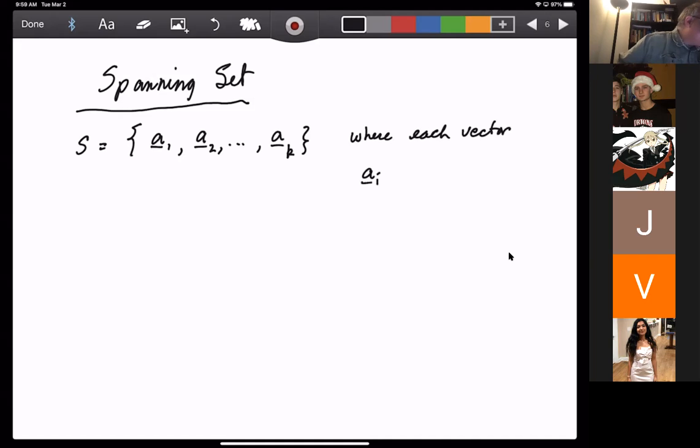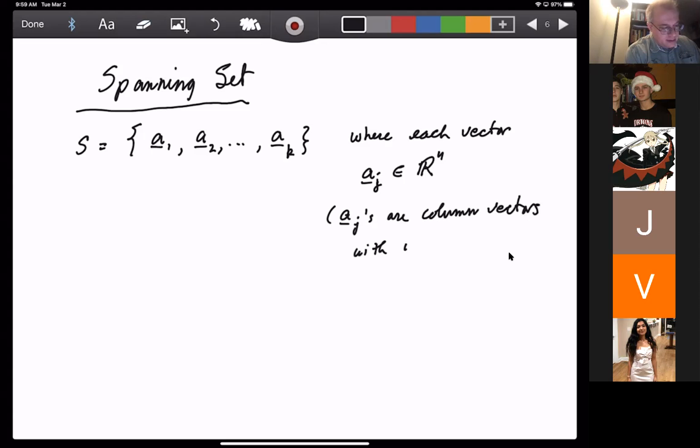So each of the vectors in my set is in Rn. So these are column vectors with n entries. Okay, so hopefully that language is clear.